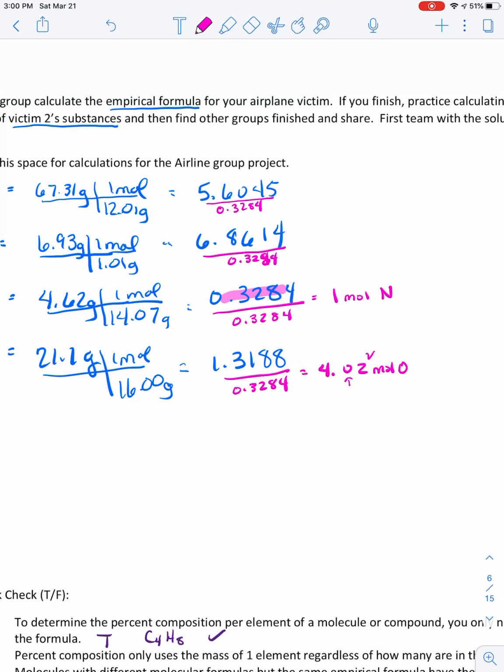That's O. And then 6.8614 divided by 0.3284. Make sure I grab that one in there right. Yeah, I get 20.9.